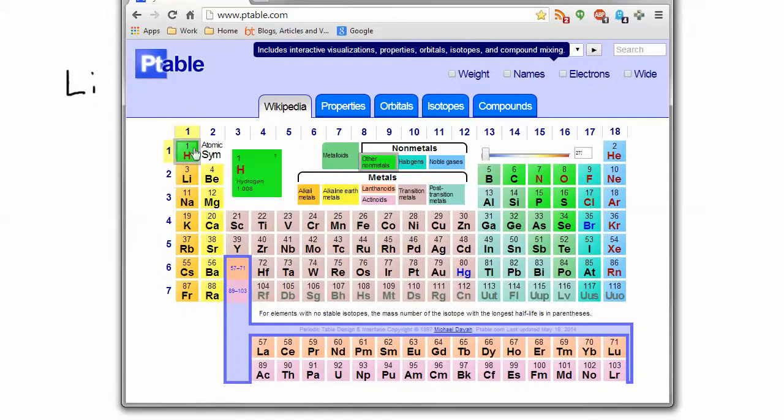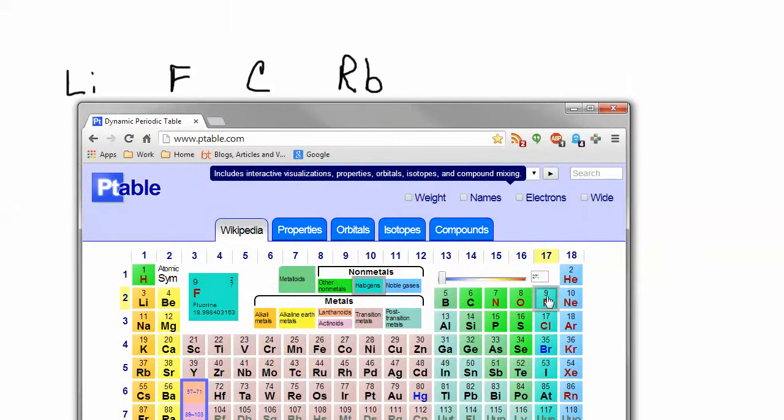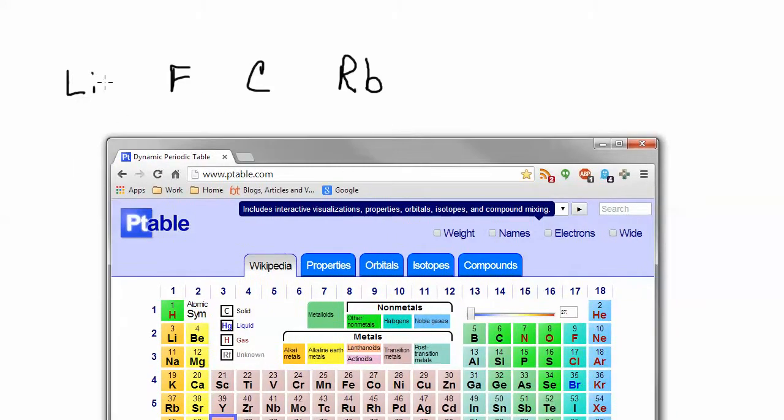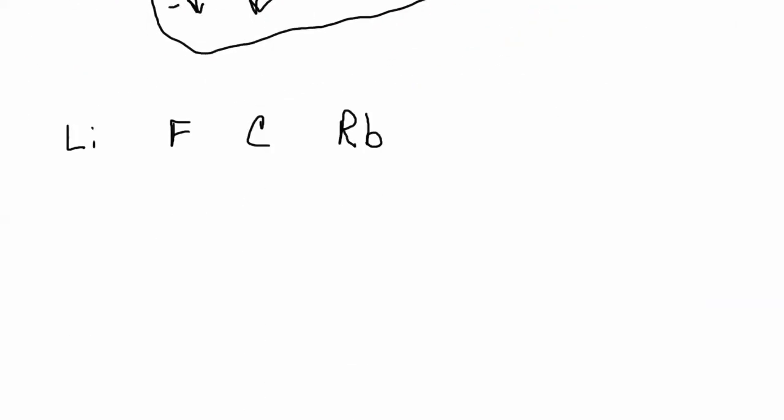Let's see, lithium is right here. Then we've got fluorine up here in the top right corner. Carbon is in the same period as fluorine, it's just over to the left. And rubidium is a metal all the way down here. So basically we have two metals and two nonmetals, and we know the general pattern there, let me just scroll up real quick, I want to use the same colors.